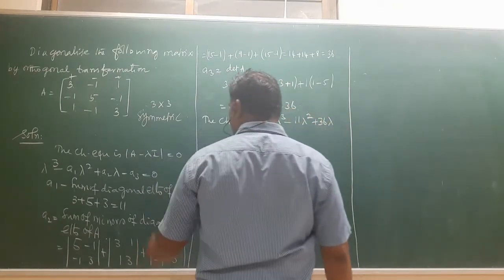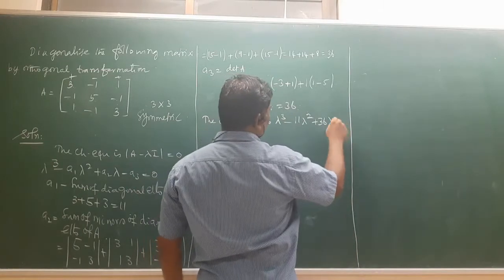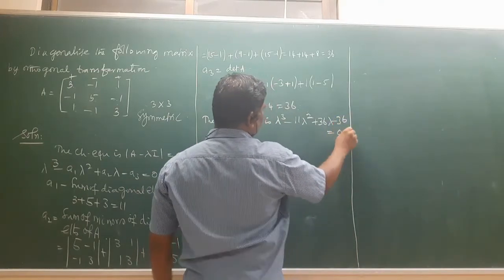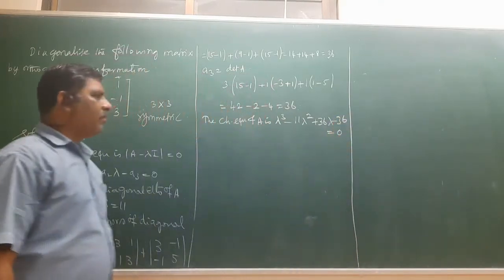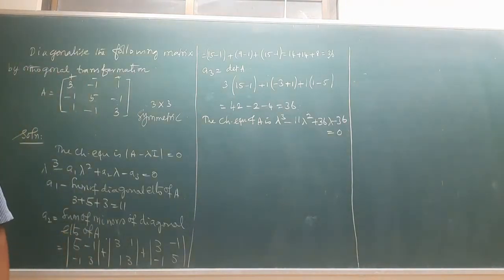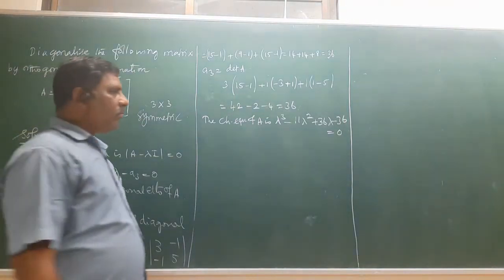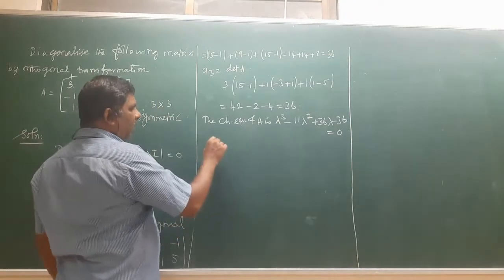Finally, minus a3, that means minus 36 equals 0. So after finding the characteristic equation, we have to find the eigenvalues.